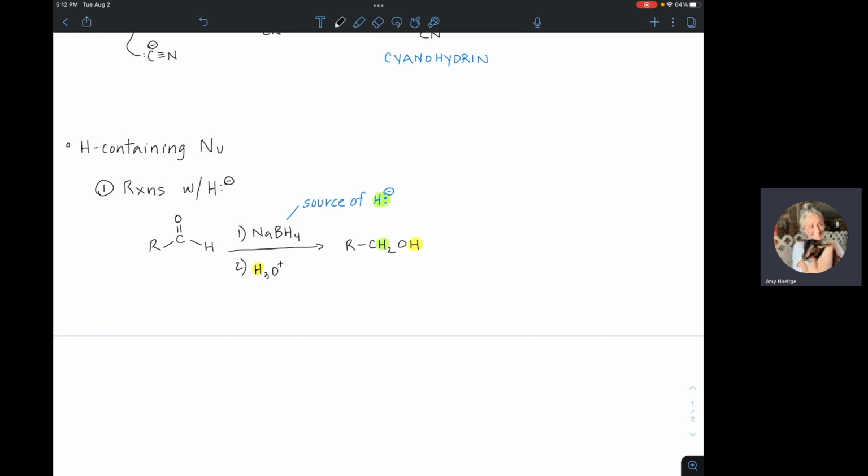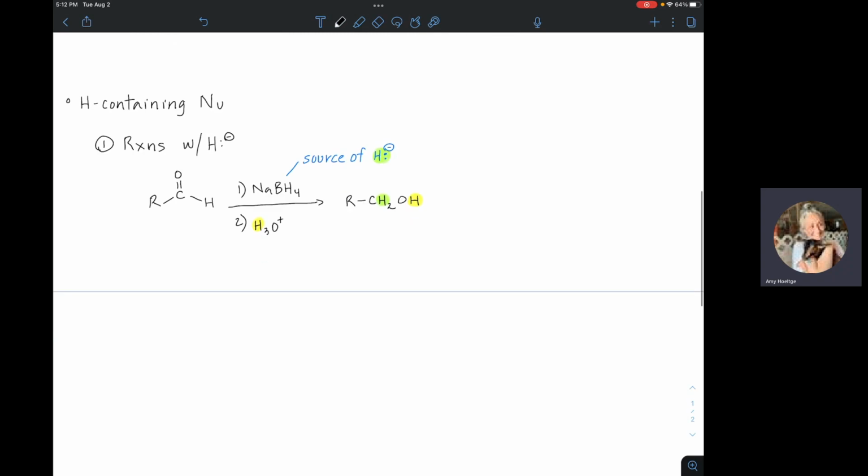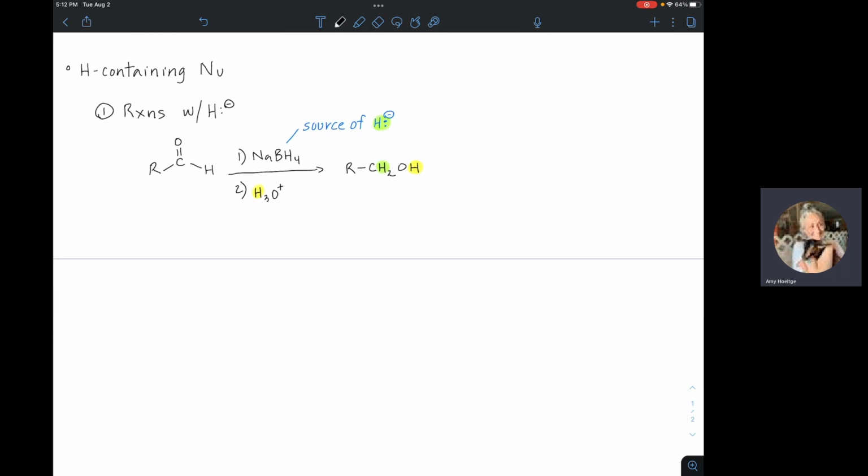If you take a ketone and you do the same reaction, you're still going to be doing a reduction, but you don't get a primary alcohol. You get a secondary alcohol. Remember, when you oxidize a primary alcohol under very specific conditions, you can get an aldehyde.